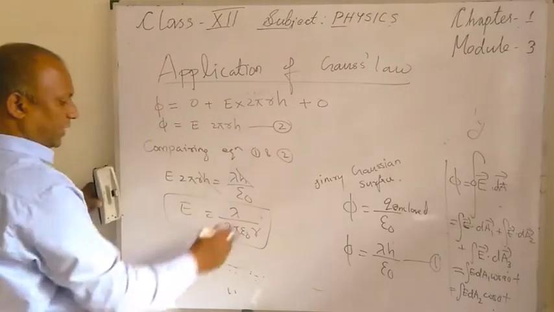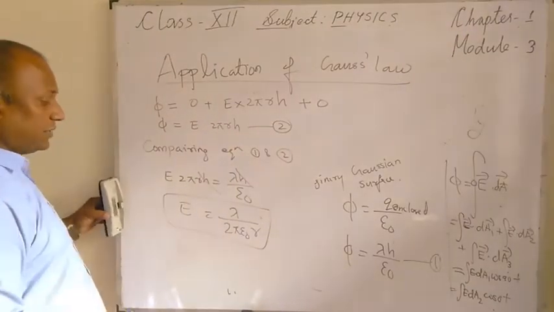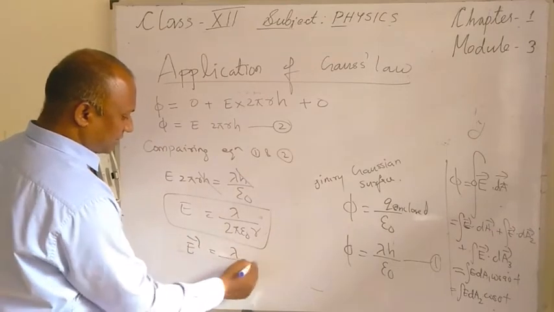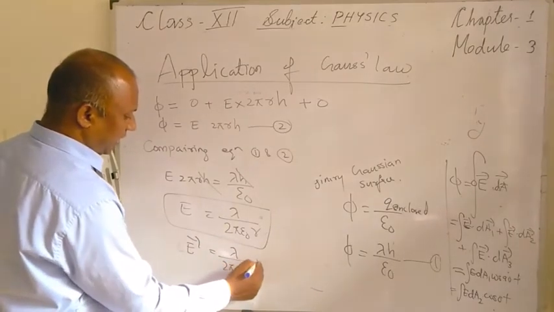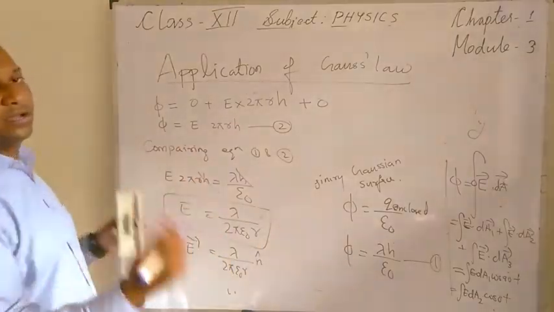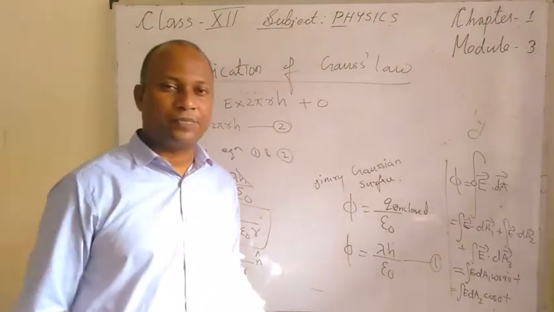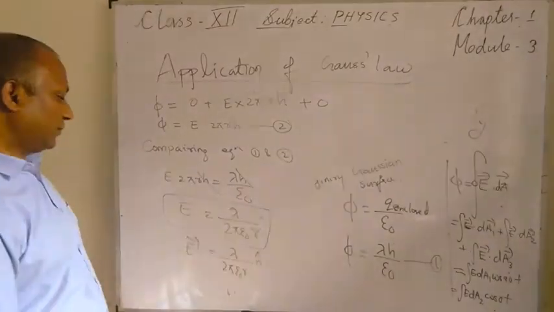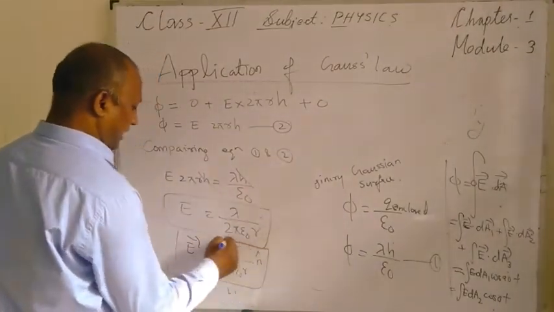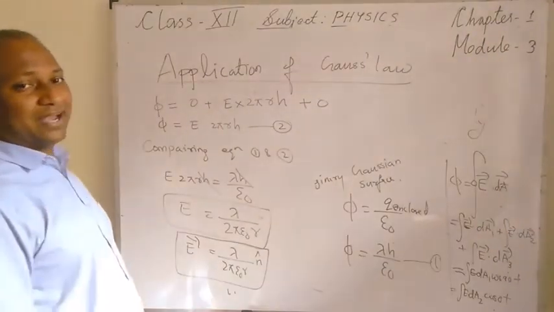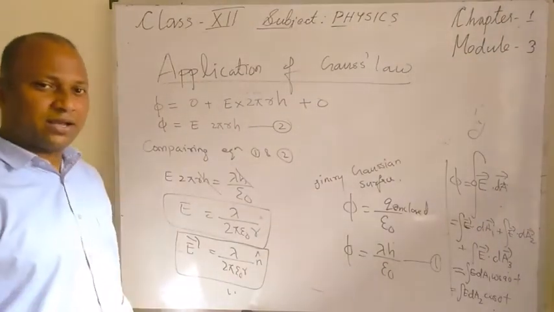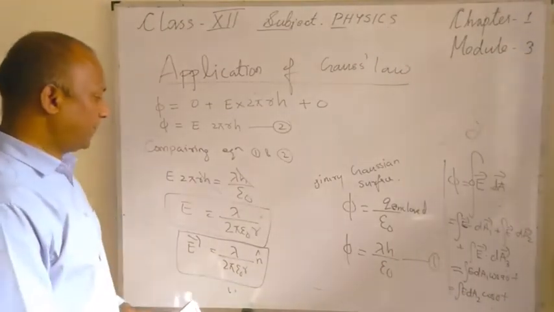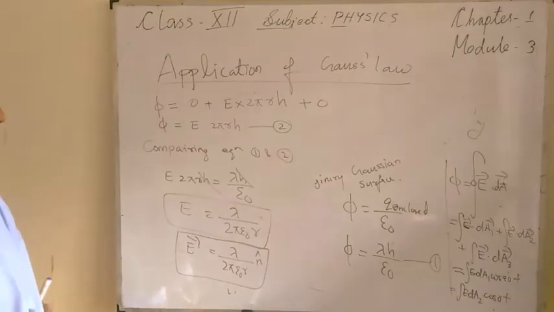That is the magnitude of electric field at any point which is at a distance r, and the direction I can write like lambda upon 2 pi epsilon naught r n cap, because it is perpendicular to the wire. So n is a normal vector which is perpendicular. So that is our final answer for electric field at any point near a uniformly charged, infinitely long wire, infinitely long conductor.